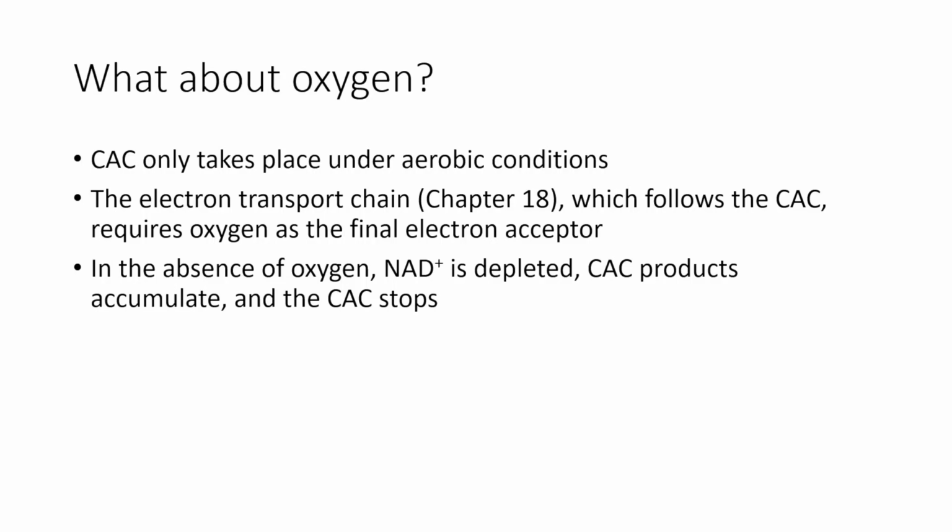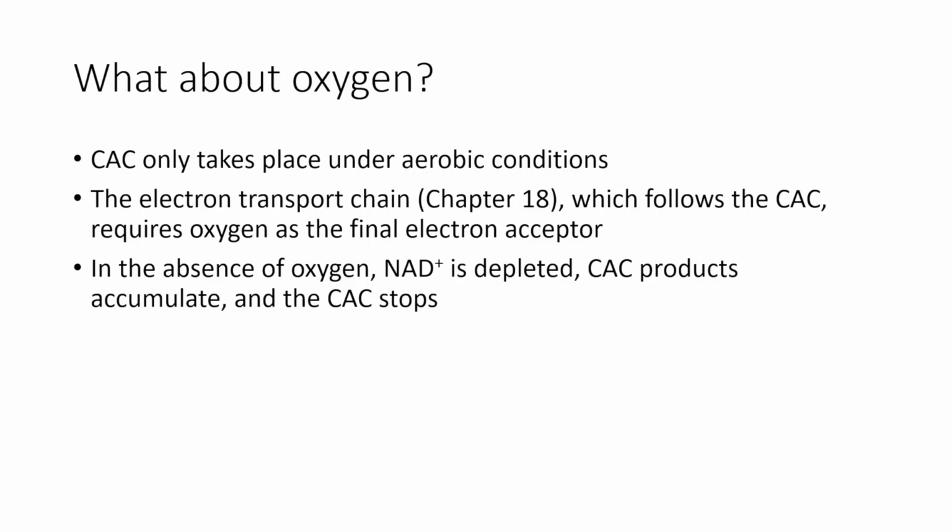Well, the answer is that the electron transport chain, which we're going to be discussing in the next chapter, chapter 18, follows the citric acid cycle, and the electron transport chain does require oxygen as the final electron acceptor. And so when there isn't oxygen, the electron transport chain cannot proceed.